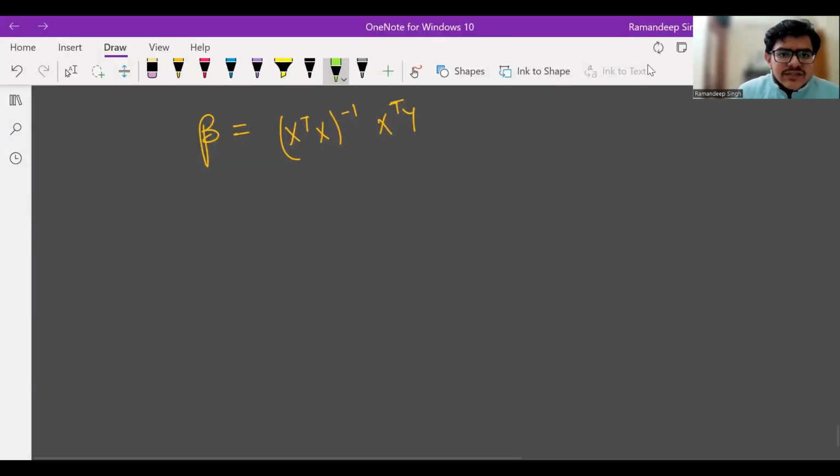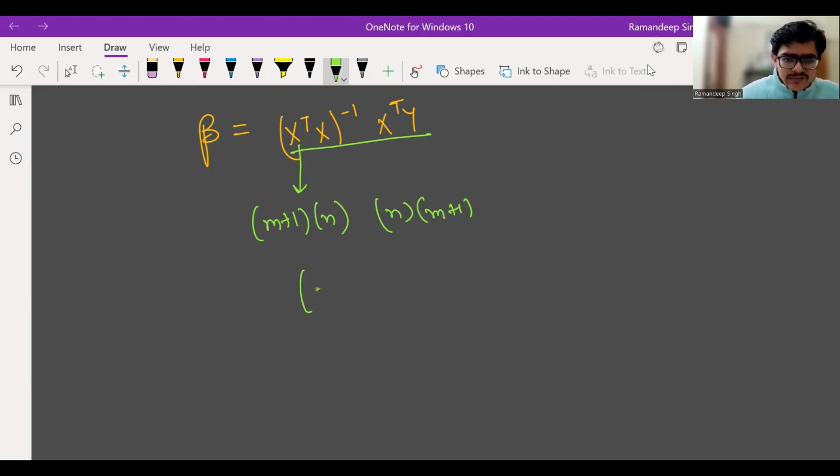Now let's try to figure out what this beta matrix is, which will be the output of this multiplication, right? The shape of X transpose would be M plus 1 into N, and the shape of X would be N into M plus 1 columns. So if I multiply these two terms, I will get a matrix of M plus 1 comma M plus 1, right?